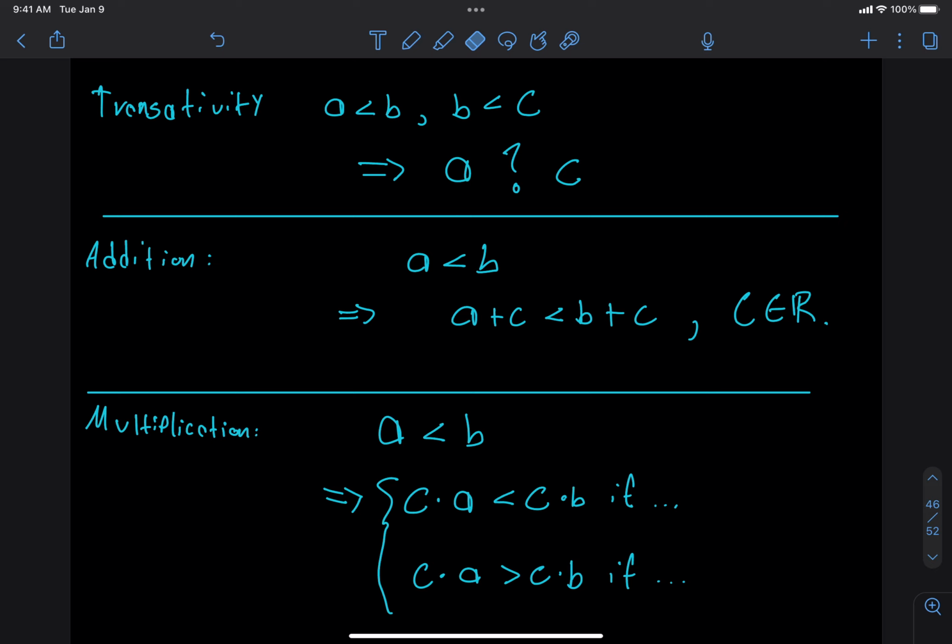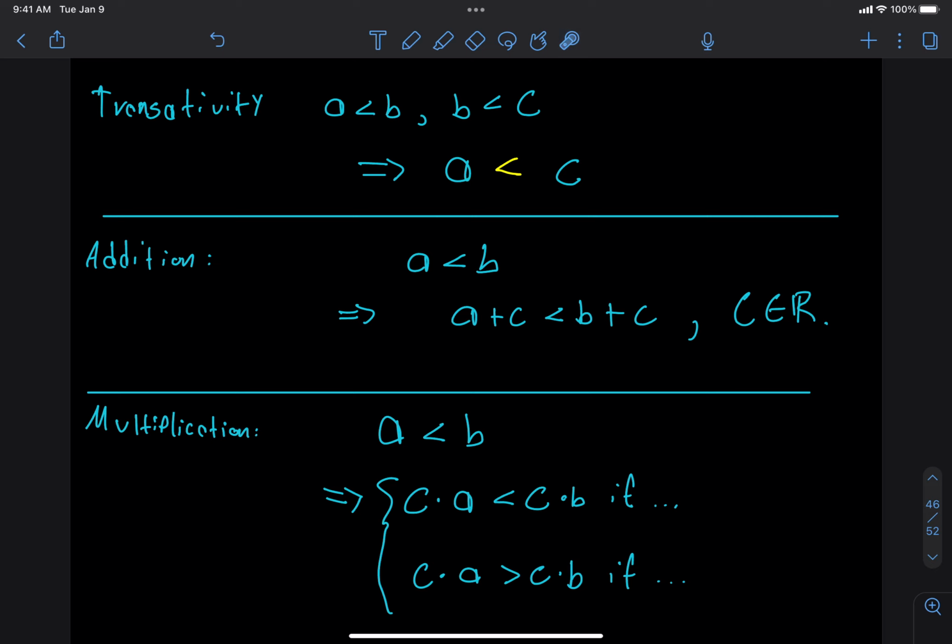If I have three numbers, and A is less than B, and also B is smaller than C, then what kind of relationship can we deduce exists between A and C, do we think? Yeah, C should be larger than A because A is less than B and B is less than C, so therefore A is less than C. Okay, so that's pretty simple.